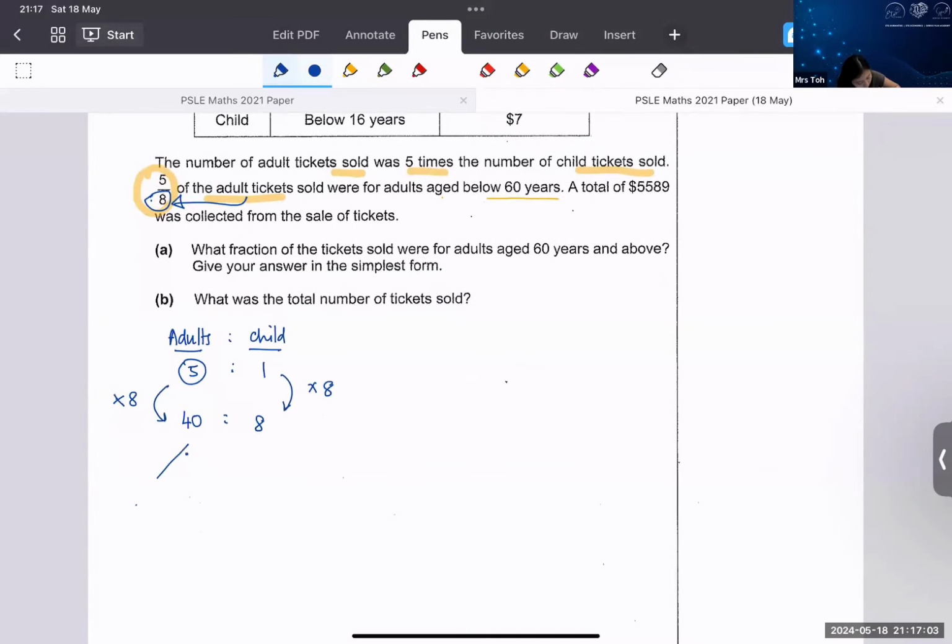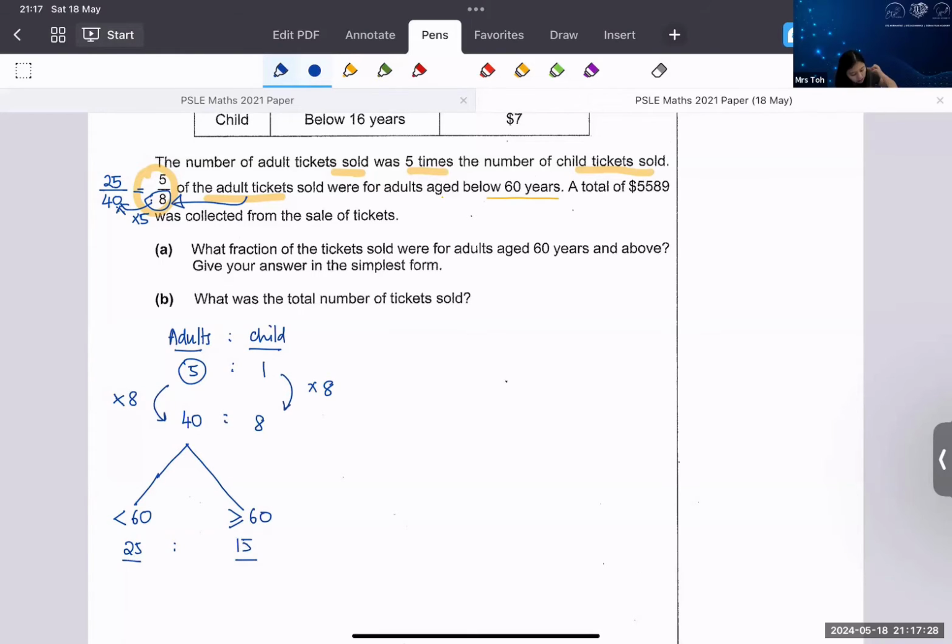Then we can split it further. We want to make the denominator 40, so you times 5 to get 40. Then your numerator will be 25. So adults that are below 60 years old is 25 units. And then those 60 years old and above will be 40 minus 25, which is 15.